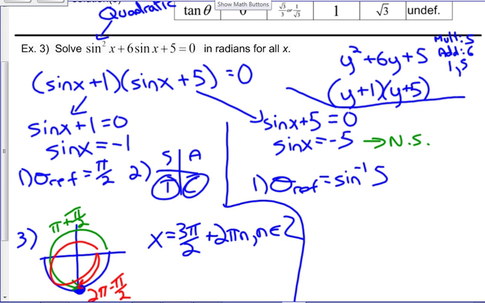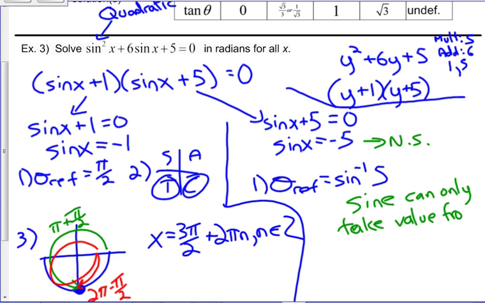Okay. Sine x can't be equal to negative 5. Sine can only take values from negative 1 to positive 1 inclusive. So this part over here, this whole business, doesn't give us any solutions.